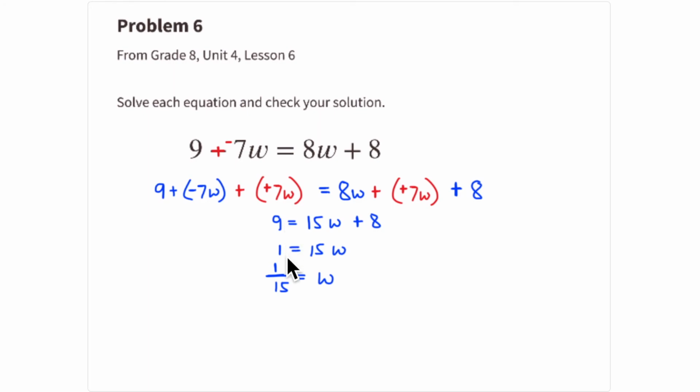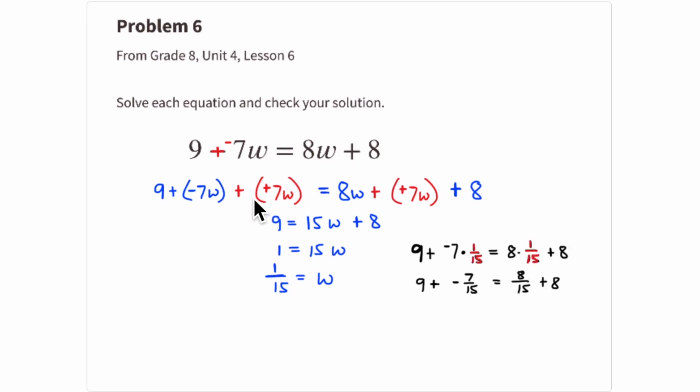This goes to 1. And I had to multiply by the multiplicative inverse of 15, which is 1/15. And so 1/15 of 1 is 1/15. Now to check this, I'm going to replace the w with 1/15. Now I could have chosen to just treat this as a negative 7 times 1/15, and then added a positive 7 times 1/15.